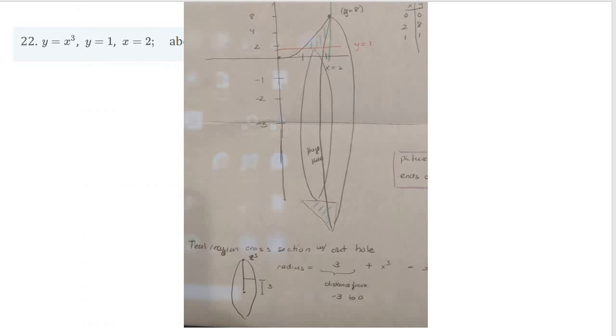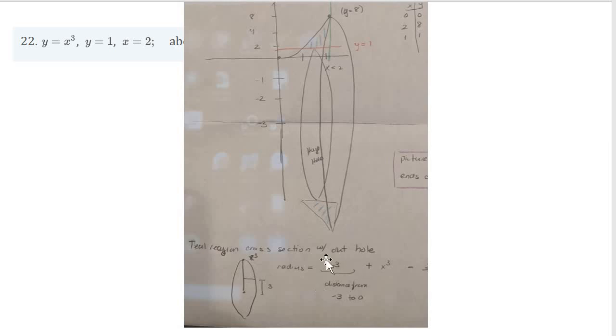Well, I'm just going to start with the big horn first. The total cross section is, without the hole cut out, the radius is going to be 3, because I have to reach the x-axis, and then I go from the x-axis up to the curve. So up to the curve was x cubed. It's going to be 3 up to the x-axis, and then a little bit more, x cubed.